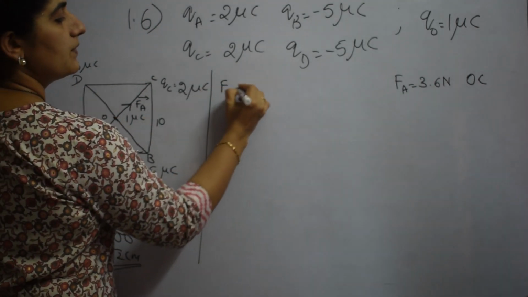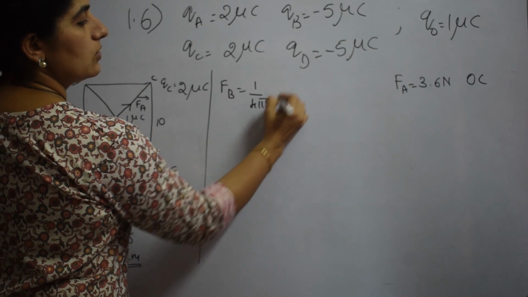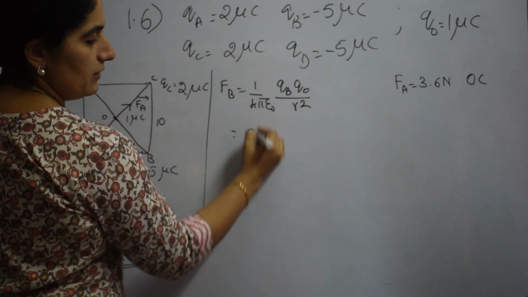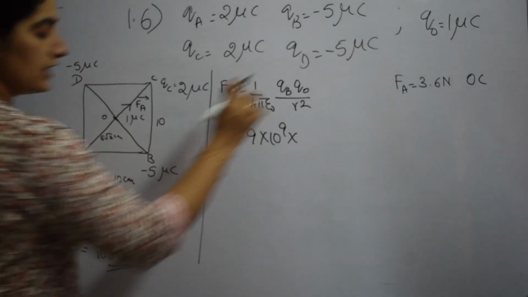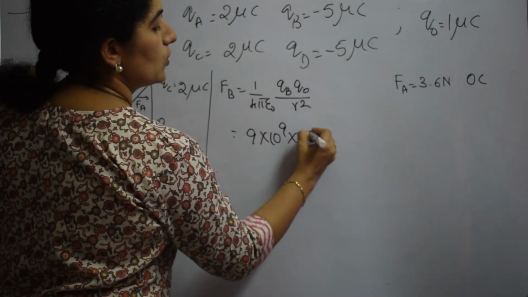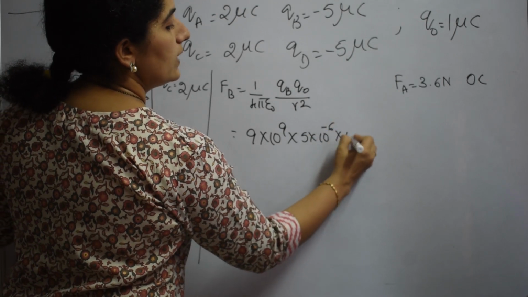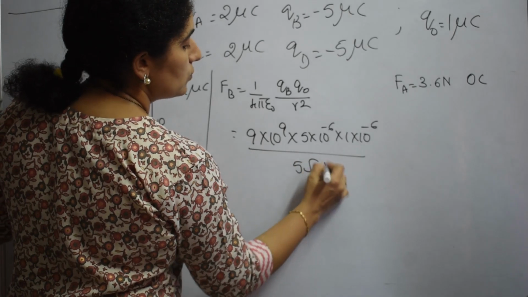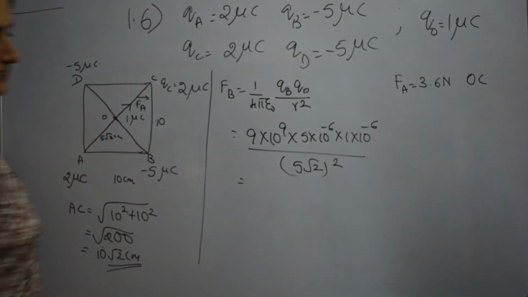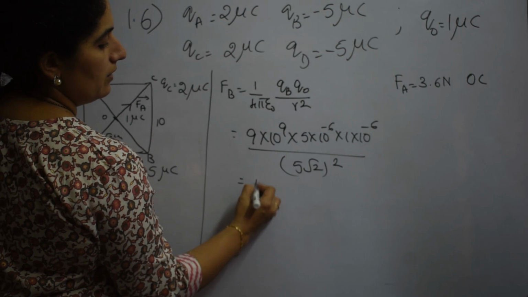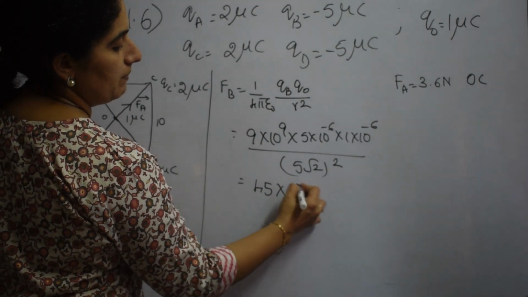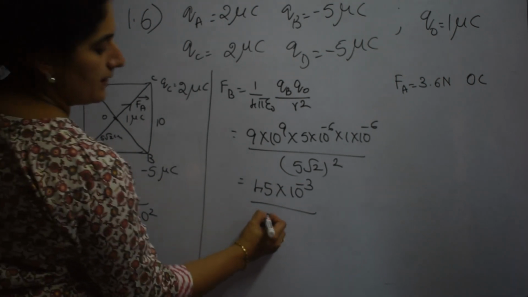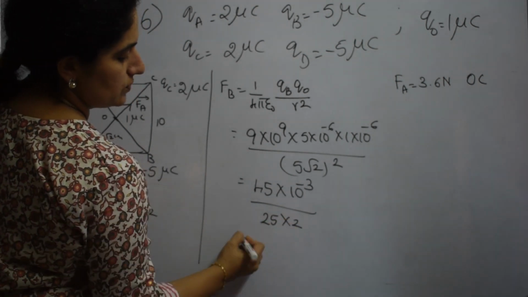Similarly, FB is 1 by 4 pi epsilon naught QB QO divided by R square. 1 by 4 pi epsilon naught is 9 into 10 to the power 9. QB is 5 micro into 1 into 10 to the power minus 6 divided by 5 root 2 whole square. 45 into 10 to the power minus 3 divided by 25 into 2.